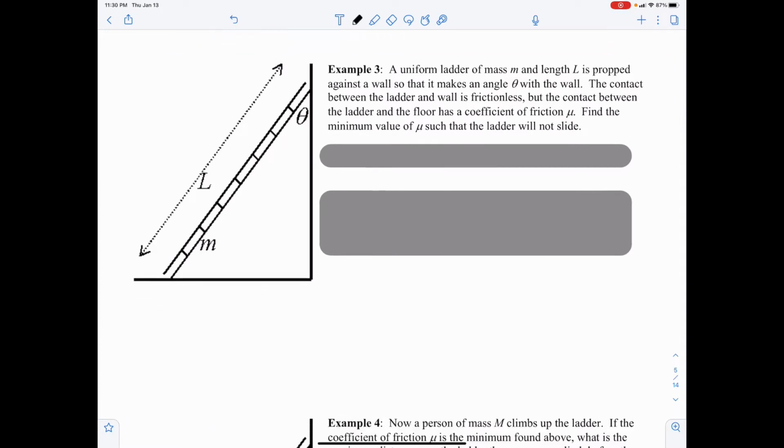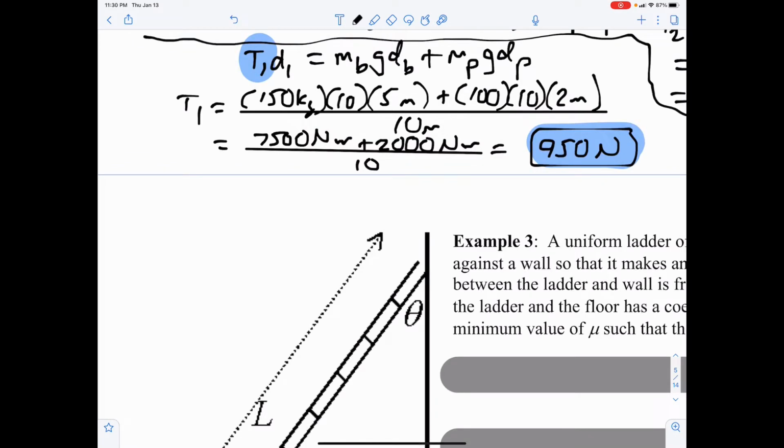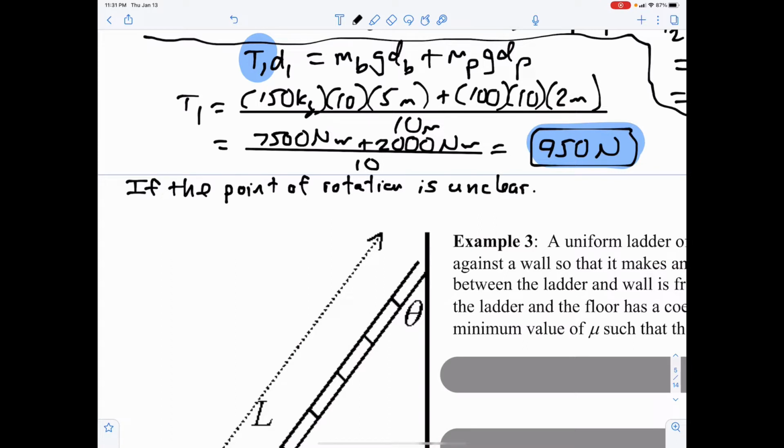So there's a point of reference that we'll make, and let's go ahead and write it at the top. If the point of rotation, the pivot point, the fulcrum, whatever you want to call it, is unclear, then it can be arbitrarily assigned.